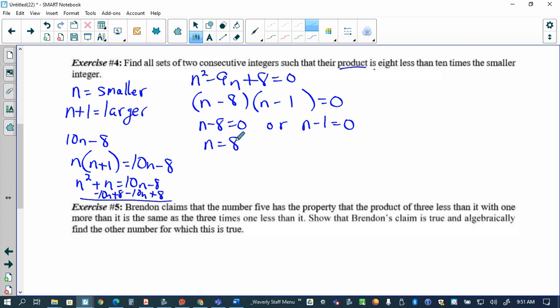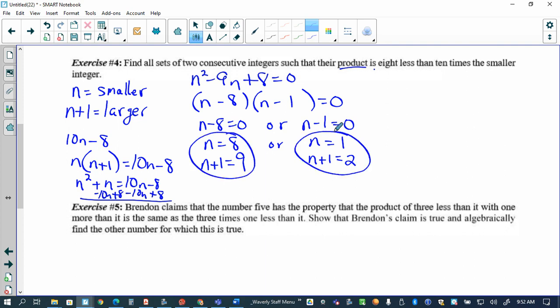So if n is 8, what's the next integer? n plus 1 must equal 9. Or n equals 1, and n plus 1 equals 2. So there's our 2 solutions.